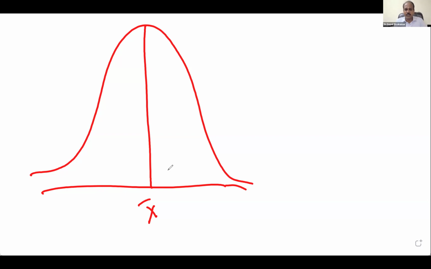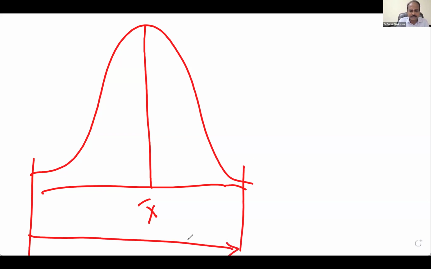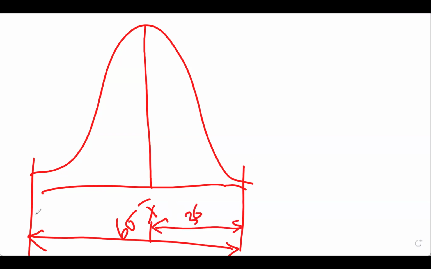And then any bell curve will have a spread equal to how much? 3 sigma. Total spread will be 6 sigma. Half of the spread will be 3 sigma. 3 sigma this side, 3 sigma this side.